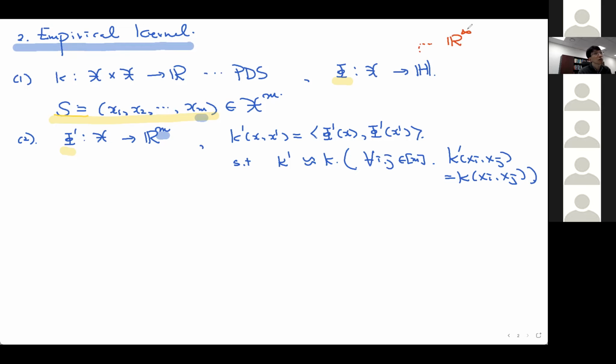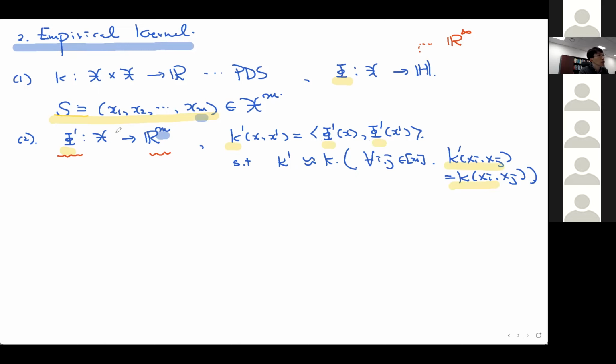But what we want is a more easy to handle representation, some version of the feature map which is easier to deal with, like the one that I showed you here. Because it's finite dimensional, it's much easier to deal with, but we still want it to be quite close to phi in the following sense. If we define a kernel using k prime with phi prime, that kernel behaves like k, especially for all the examples in the sample.